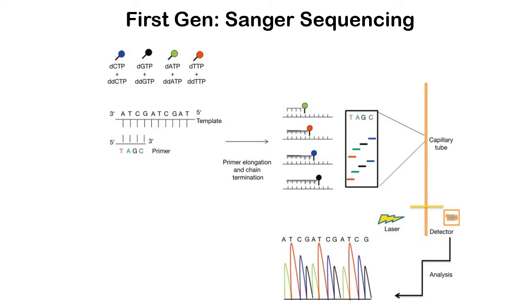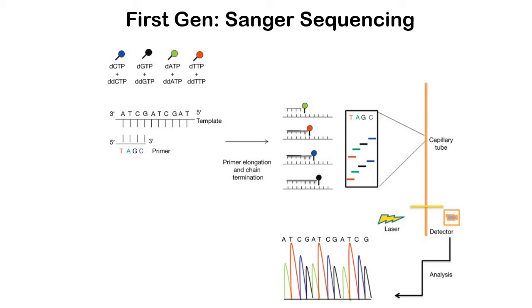Once a dideoxy nucleotide has been added to the chain, there is no hydroxyl available for further nucleotides to be added. The chain ends with the dideoxynucleotide, which is marked with a particular color of dye depending on the base that it carries. This process is repeated in a number of cycles.